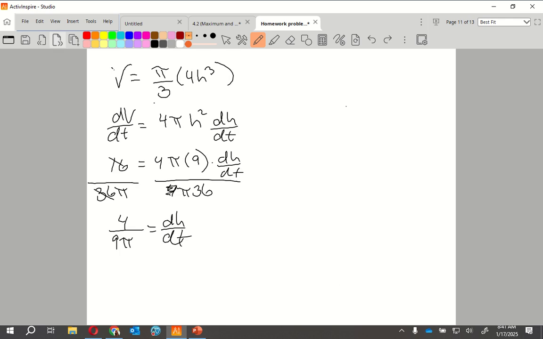Yeah. Okay, yeah, I guess I messed up when I was doing this, so thank you for that. You have earned a sacrifice. So you're saying that one's supposed to be 20? Meters cubed. Yeah, so 20 equals 36 pi dH/dt.